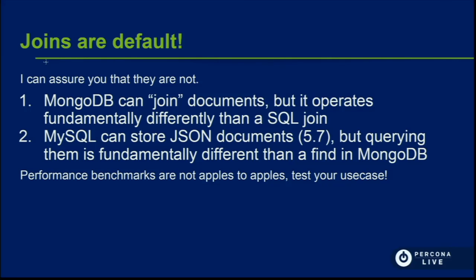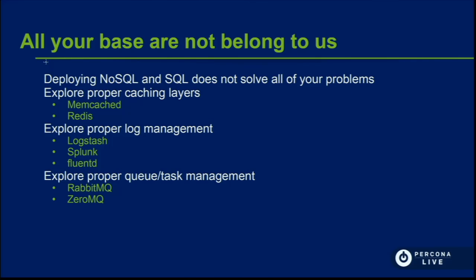The same thing goes for MySQL. Yeah, we have this cool new JSON column in MySQL. What do I need MongoDB for? Well, you need MongoDB because it queries JSON radically differently, and the way that it writes JSON is fundamentally different at the storage engine level. So your performance benchmarks aren't really apples to apples. It really just depends on your use case. So take care of your data there.